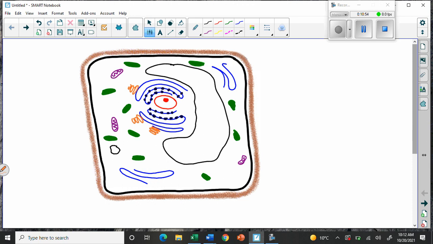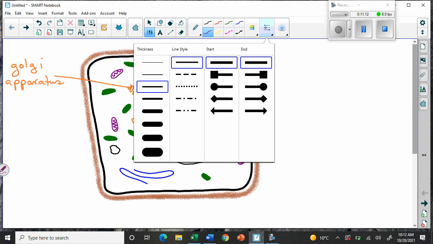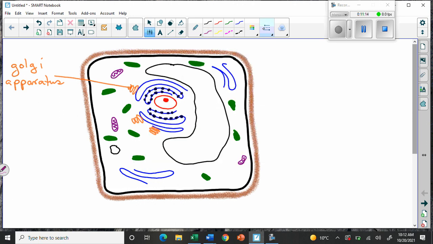So since I have that color already, I'll put that line over here and I'll put Golgi Apparatus. I'll get the purple and do the mitochondrion while I'm at it. I can probably put him up here. Mitochondrion.